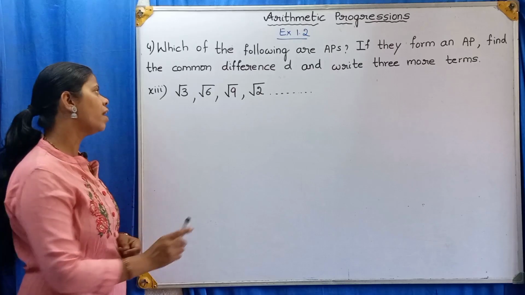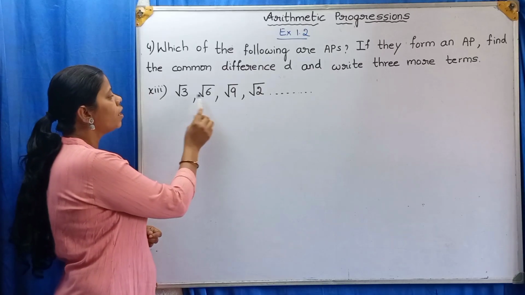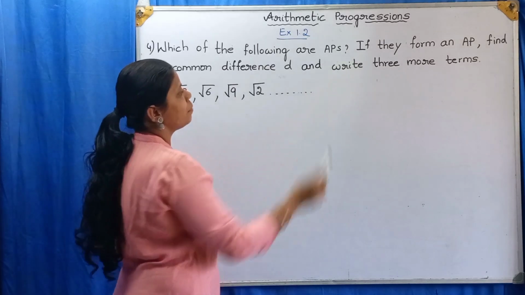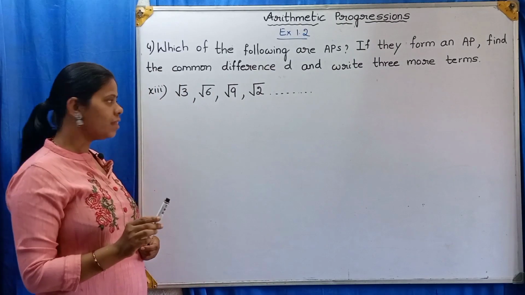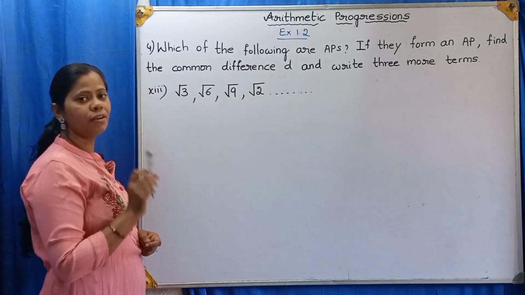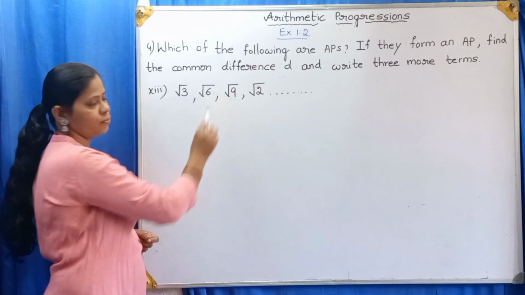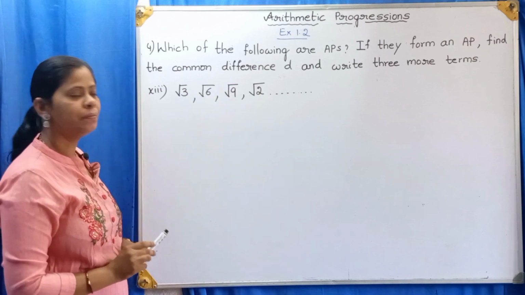We have to say whether root 3, root 6, root 9, root 2 and so on form an AP or not. To say this, we have to find out the difference between these two and these two. Let us do this. Okay.